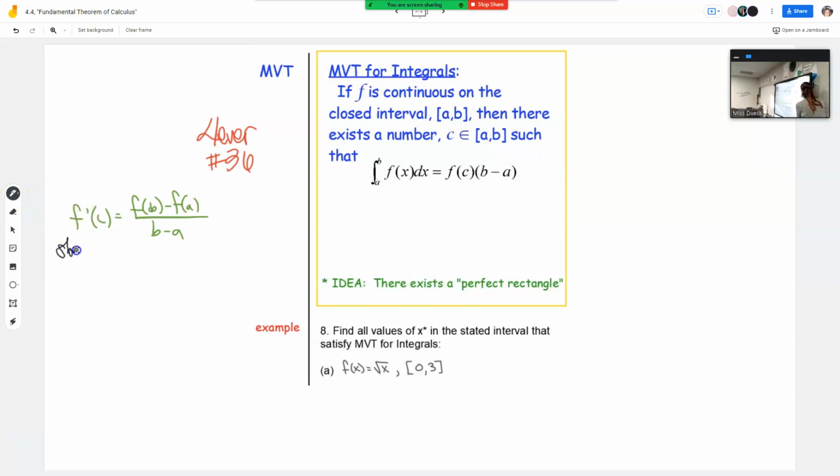This guy is a slope of what? Tangent. From pre-cal, or even just from us going to motion today. What's another way of applying slope? What is that the same thing as?